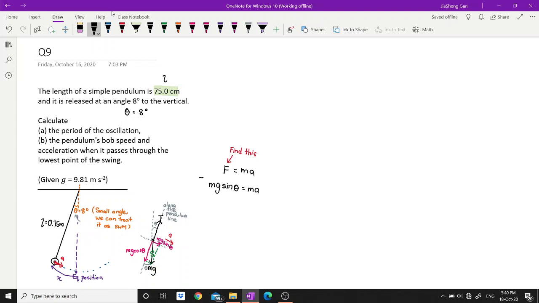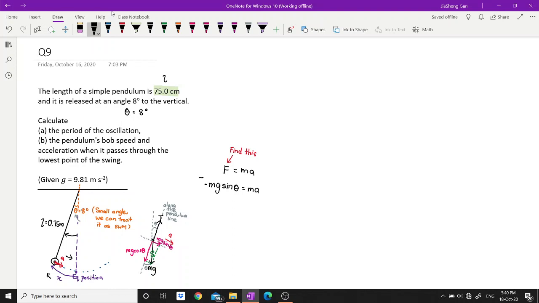Why? It's because it should be negative mg sine theta actually, because if you see here, the direction of acceleration is this direction, but the direction of x is in that direction. They are in opposite direction, and the theta is actually turning in this direction. This direction is clockwise, and if you learned in chapter 8, if it's clockwise, it's negative.